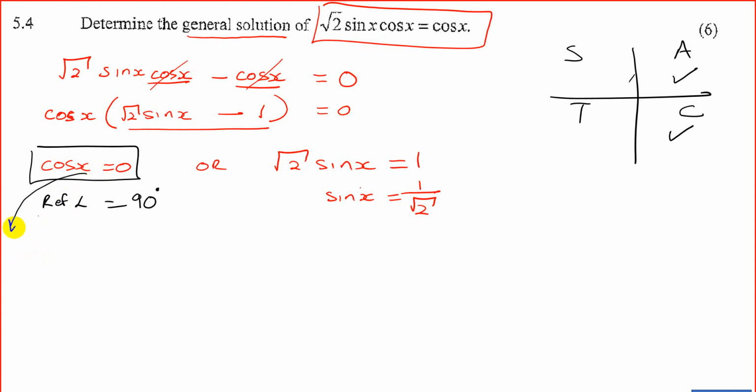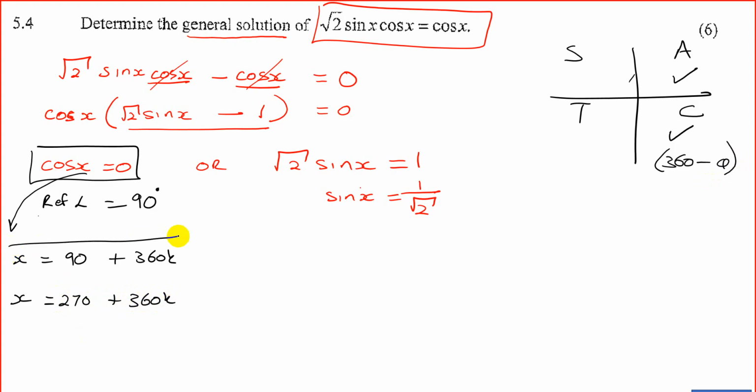We are solving for x, so x is equal to 90 plus 360k. Or we could be in quadrant 4, where it's 360 minus the reference angle, which gives us 360 minus 90, giving us 270 plus 360k. We can reduce this because 270 is a multiple of 90, and keep the solution on this side to be x is equal to 90 plus 360k.